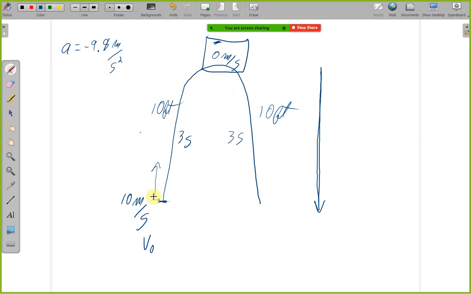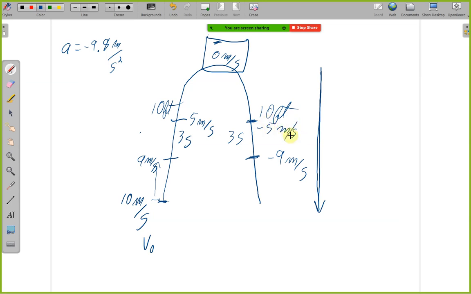Now, if I launched it here at 10 meters per second, what is happening to this velocity as it goes up? It is slowly decreasing. So, suppose here I'm at 9 meters per second. What am I over here? Negative 9 meters per second. Suppose here I'm at 5 meters per second. What am I over here? Negative 5 meters per second.